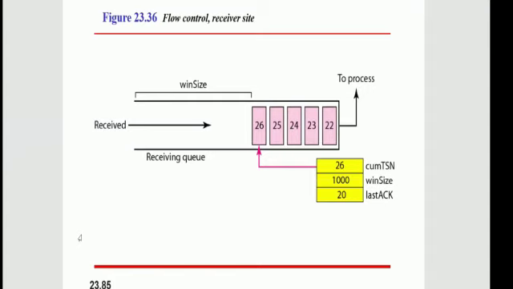The data chunks received which have not been read by the process are available in the queue. The first variable carries the last received TSN, that is cumTSN. The available buffer size and window size are carried in the second variable. The last cumulative acknowledgement, lastACK, is carried in the third variable.